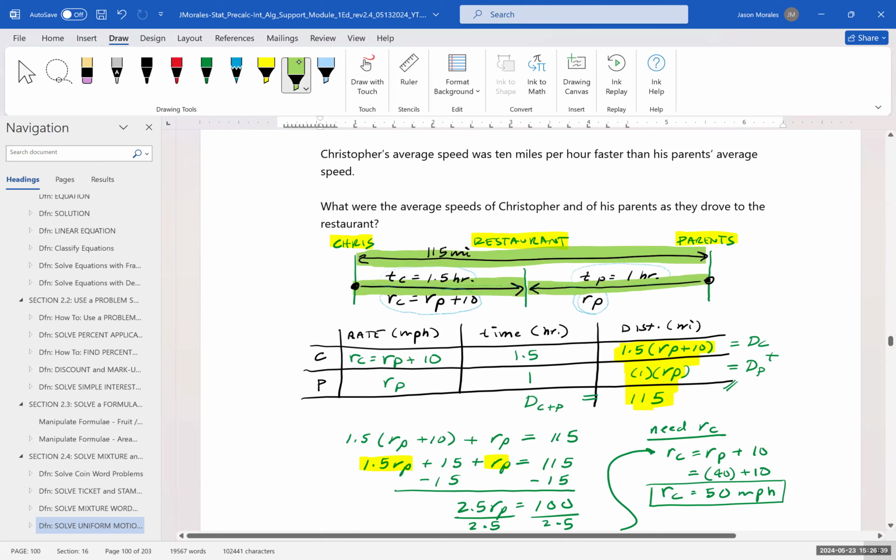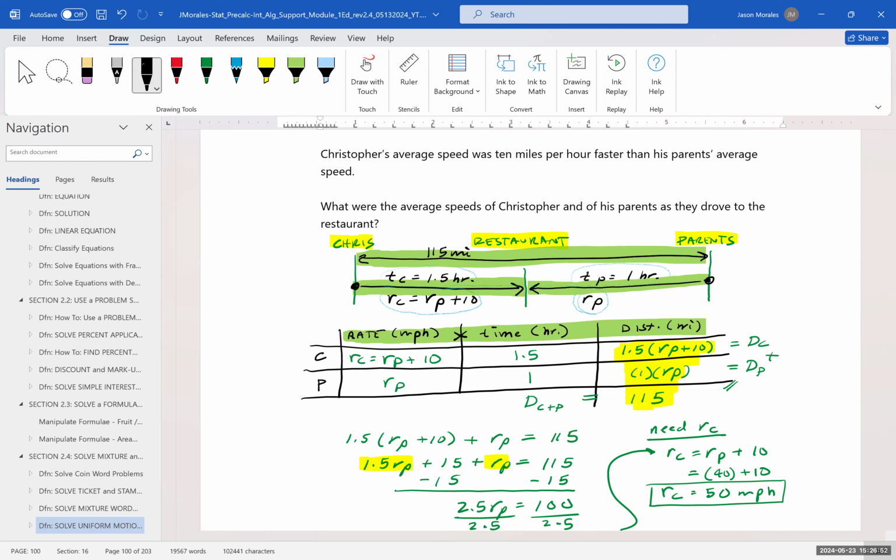Setting up a table to organize this information, and we're setting up this table in such a way that the relationship between rate, time, and distance is exemplified here at the top, where we've got rate times time equals distance. So we can fill in these different parameters of Chris and his parents and come up with these values of distance for Chris and for his parents.